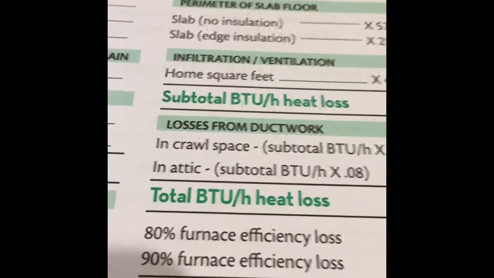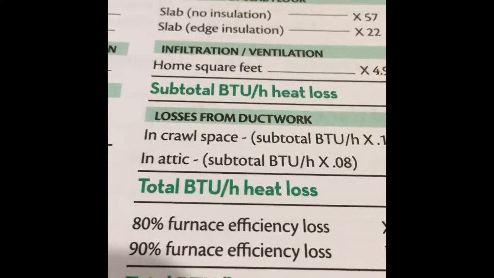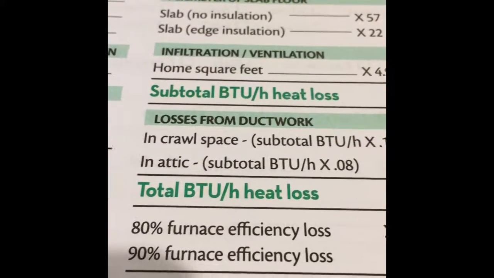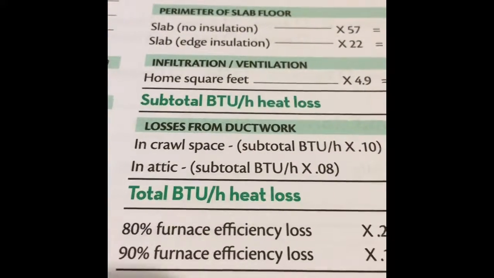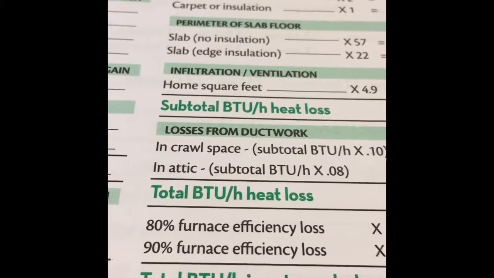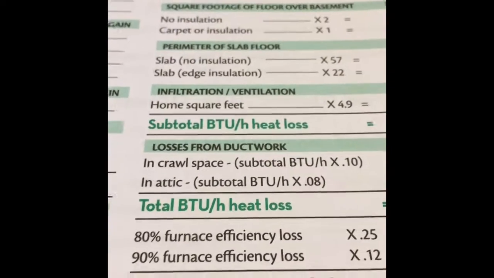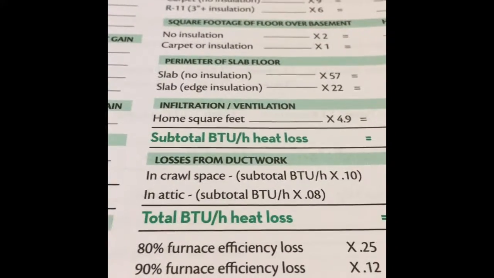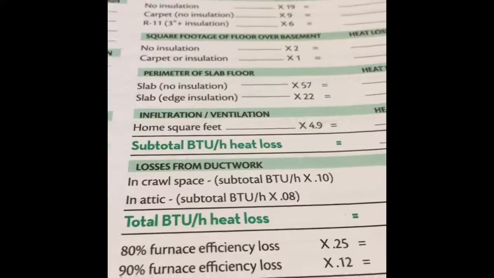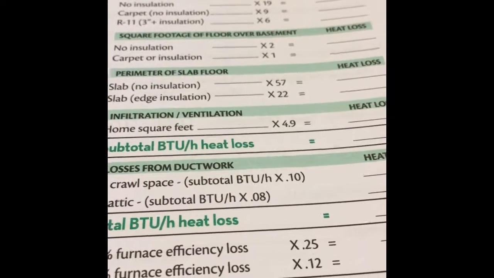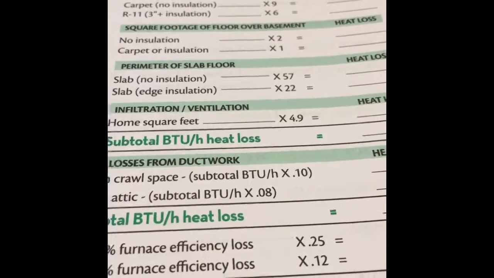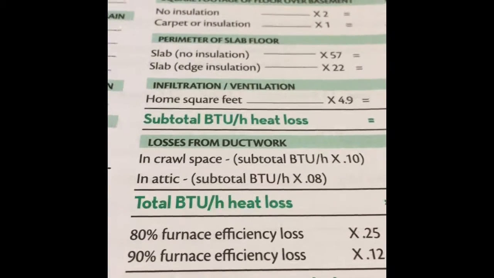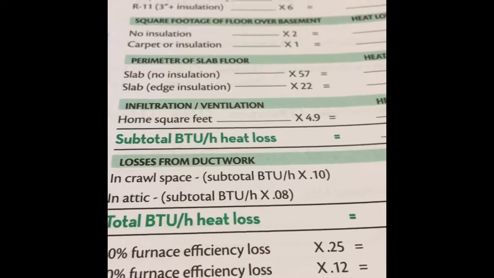A 90% furnace or a 95% efficiency furnace means, think of 95%, we're only losing 5% of the heat that the furnace is putting out. Your furnace is obviously putting out 100%, but it's more the efficiency of the furnace. It's going to put out what it's going to put out, but what's going to go up through that flue? The older furnaces, the flue was metal and it was actually warm.